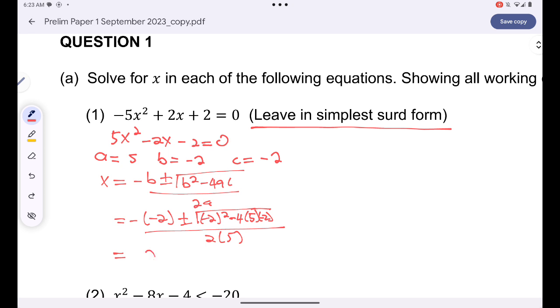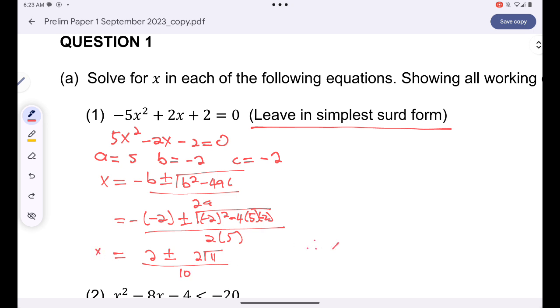Okay, and then this will just give me a +2 plus or minus, and then inside the square root I'll simply have 4 plus 40, that's 44. And the square root of 44 is 2 multiplied by the square root of 11. And then this is all over 10.